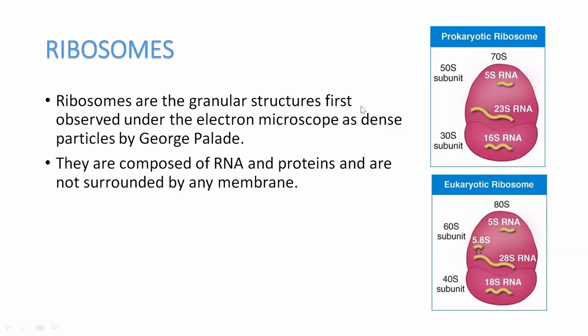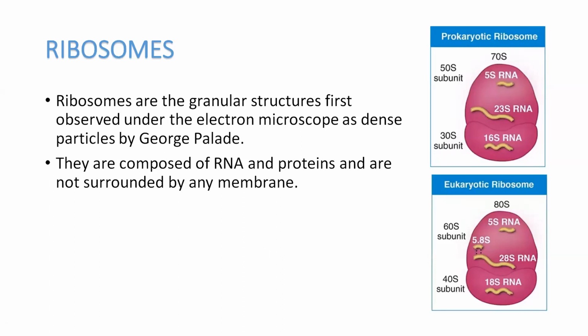Make a note of these things: the components of ribosomes in prokaryotes and eukaryotes. If the examiner wants to test your memory, they may ask a question on this composition also.